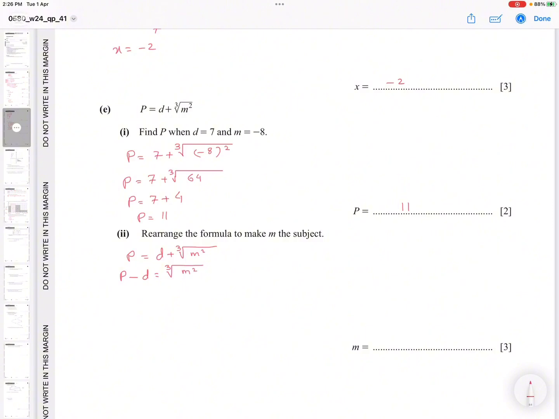Now take cube on both sides. p minus d whole cube equals cube root of m square whole power 3. So this 3 will cancel the cube root, and your m square would be equal to p minus d whole power 3, and m would be equal to square root of p minus d whole power 3.